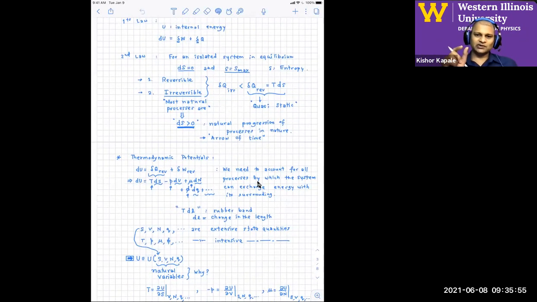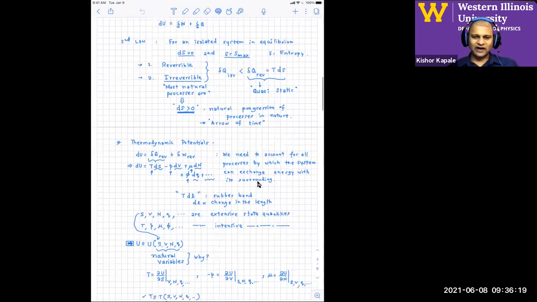Mu is the energy associated with exchange of particles, and mu dN is the work done either on or by the system when you have exchange of particles. So dW in some sense is traditional work done because of a certain force or energy exchange of some kind that is not heat exchange. So, all of the energy exchanges.